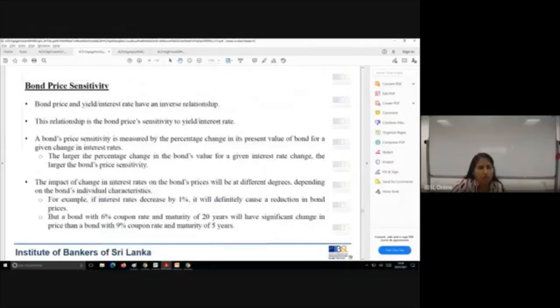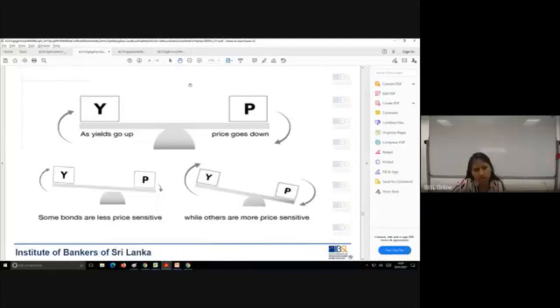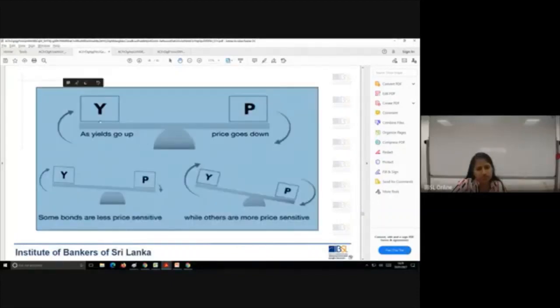Then we will go for bond price sensitivity. How sensitive is this bond value? What is affecting this bond value? We know when the interest rate increases, price goes down. We know this inverse relationship.